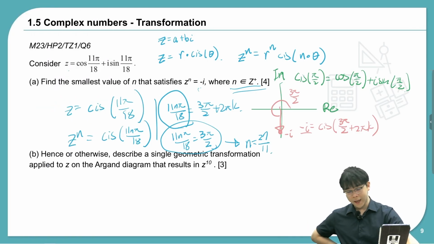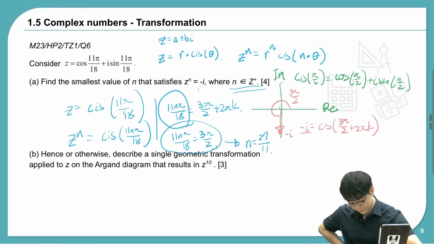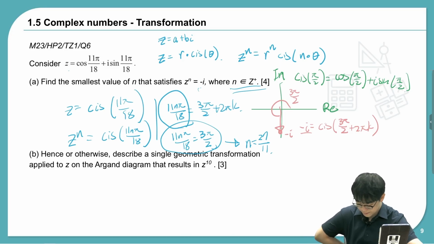Okay, but we want n to be a positive integer, so obviously that doesn't really work. So what we could do is we could look for some higher values of n, right? So k equals 0 doesn't work.